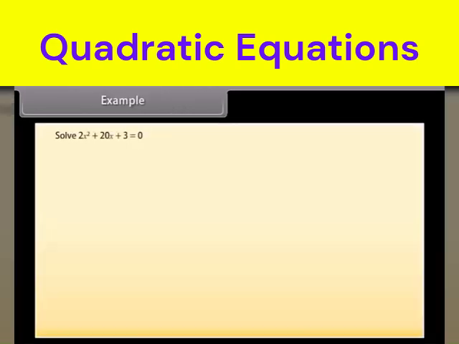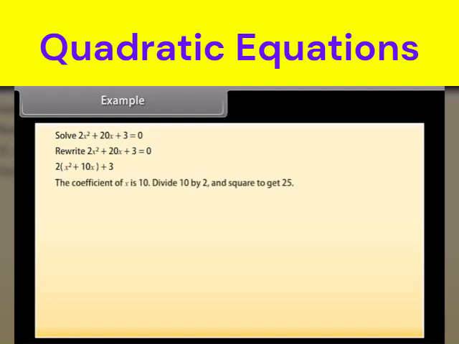Example. Solve 2x² + 20x + 3 = 0. Rewrite 2x² + 20x + 3 = 0 to get x² on its own: 2 into (x² + 10x) + 3. The coefficient of x is 10. Divide 10 by 2 and square to get 25.